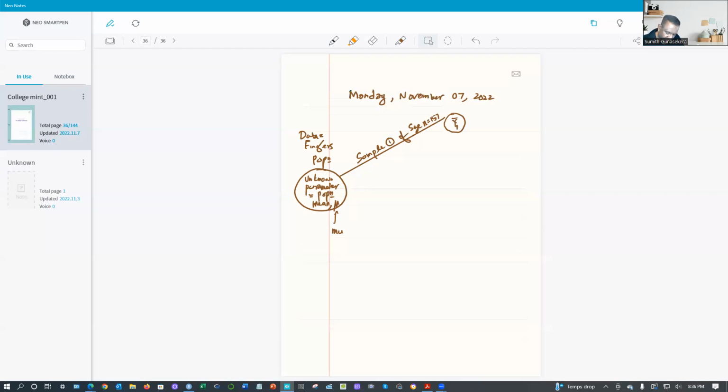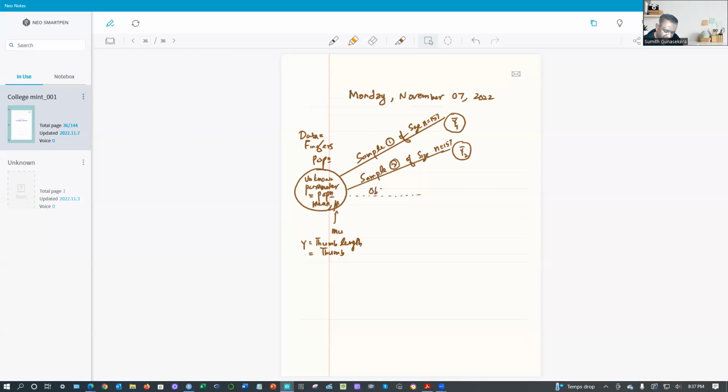Y would be arm length, which has been abbreviated as thumb. Then you went to the second sample, sample 2 of size n equals 157, and y bar 2.